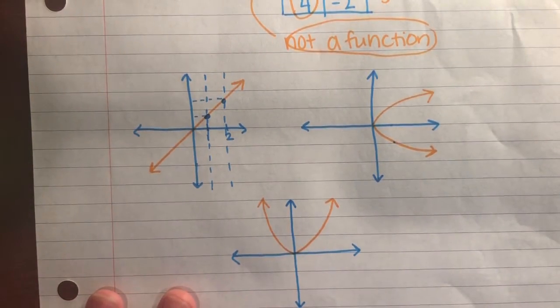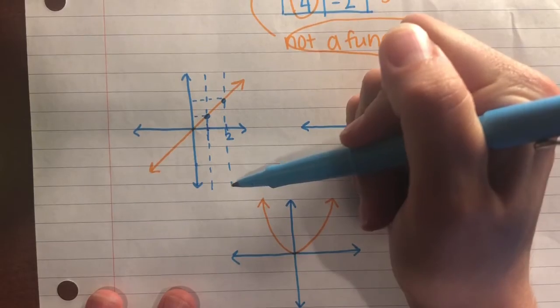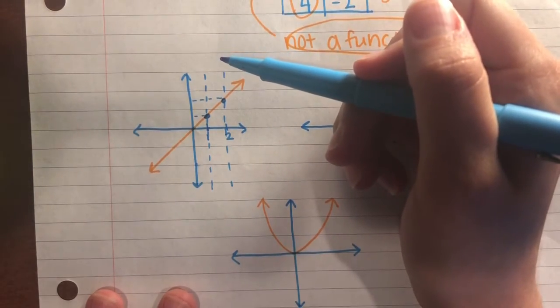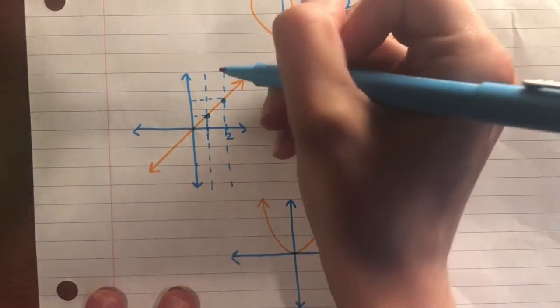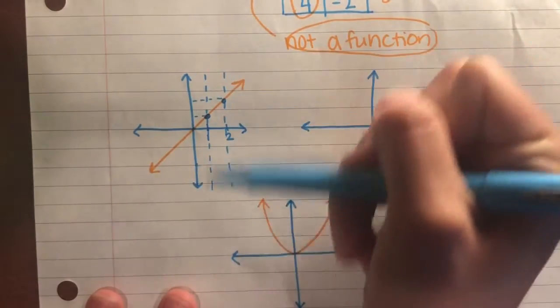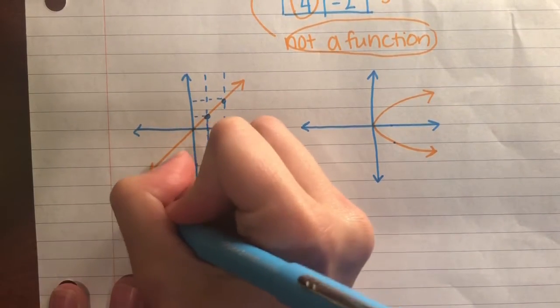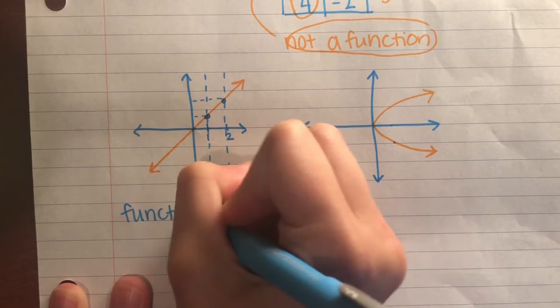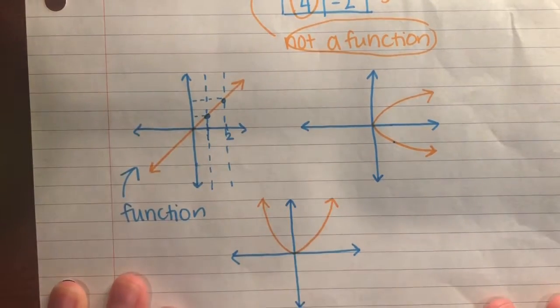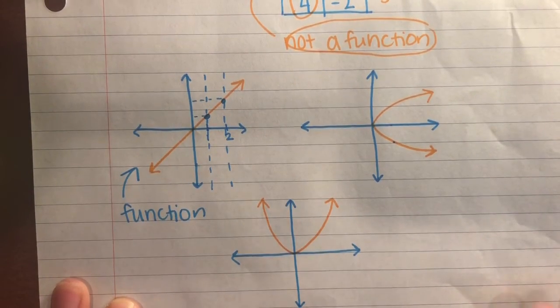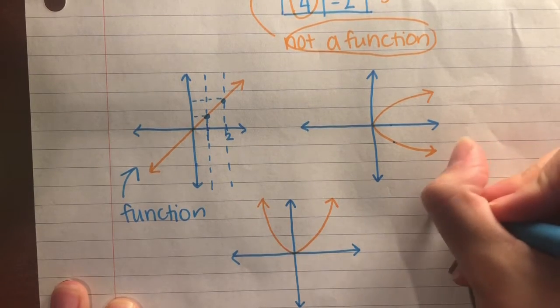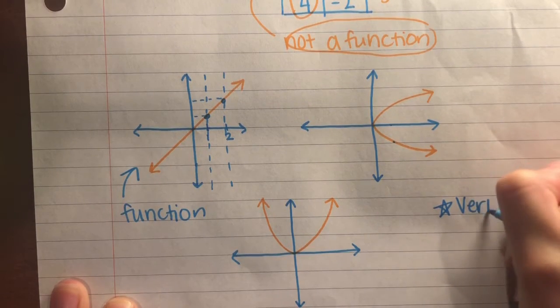So what we can do to recognize whether it's a function, we can do what's called the vertical line test. So if you can draw a vertical line anywhere on your graph and it only crosses one point, then you know that it is a function. So again, this is the vertical line test. I'm going to make a little note over here.